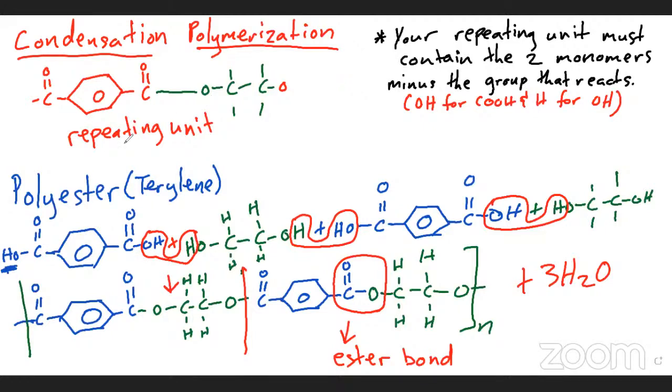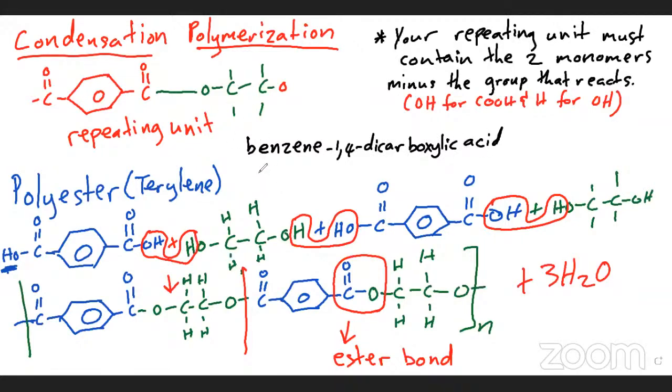So the benzene one, the name of the monomers, it is benzene 1,4-dicarboxylic acid.